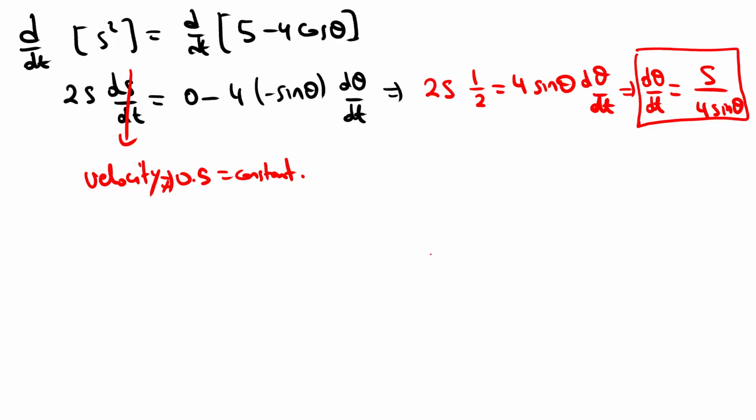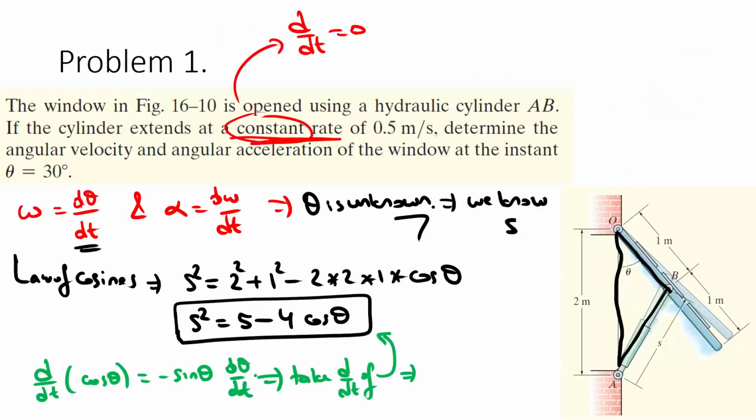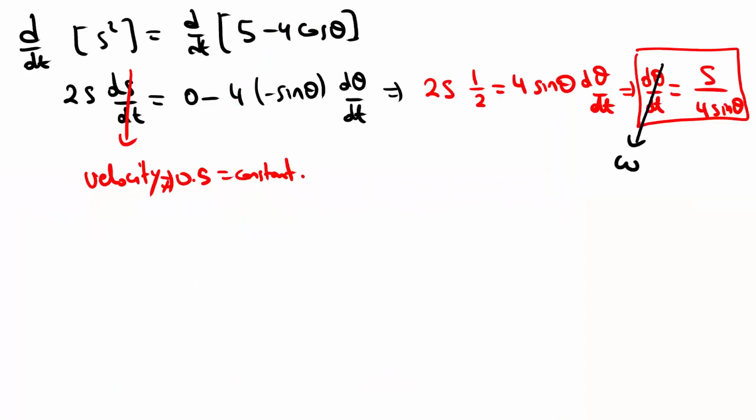That is the d theta by dt, and this is omega. The question says to find omega when the angle is 30 degrees.